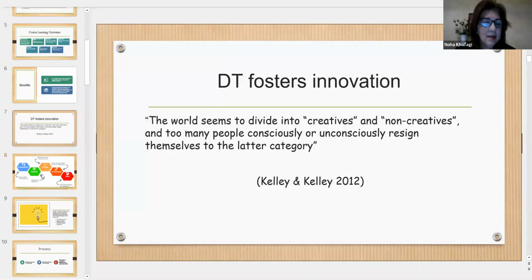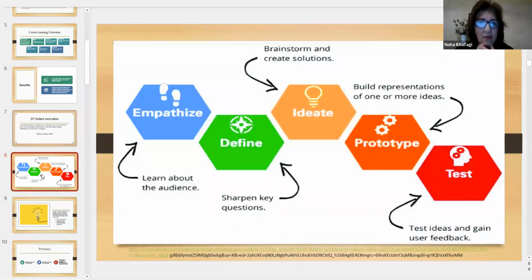Now, this is the pulp, this is the core of the approach. Okay, there are 5 steps. The first one is empathize, which means you're here going to conduct interviews. So you start with a challenge. You have a problem, and then you start working on it.